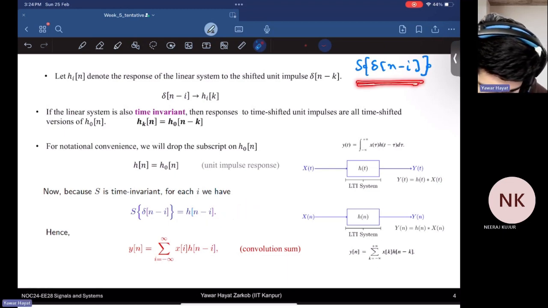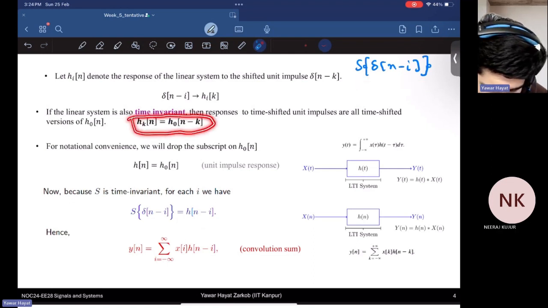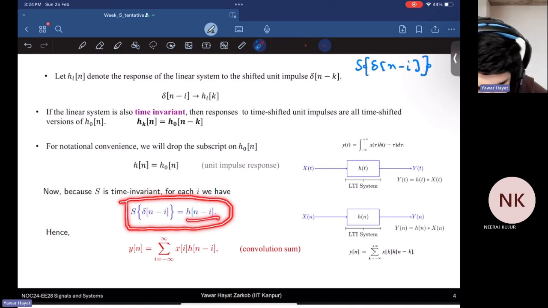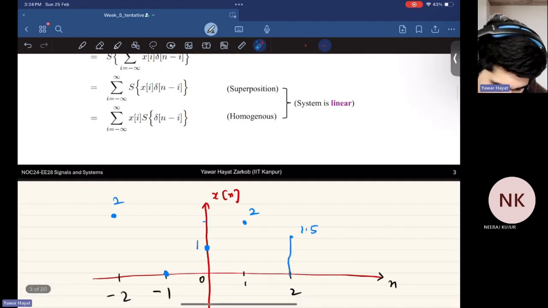I needed an expression for this. The fact that this is time invariant allowed me to write this h_k of n as this. So then I can write this S of delta of n minus i as h of n minus i, right? Then I substitute this h of n minus i into this equation.